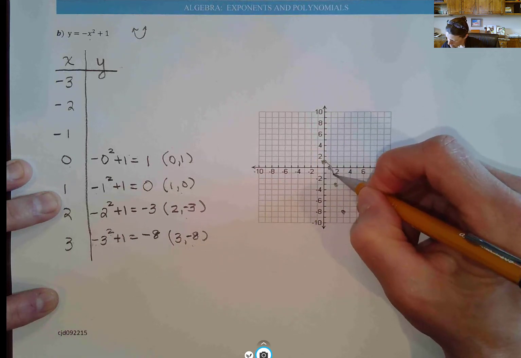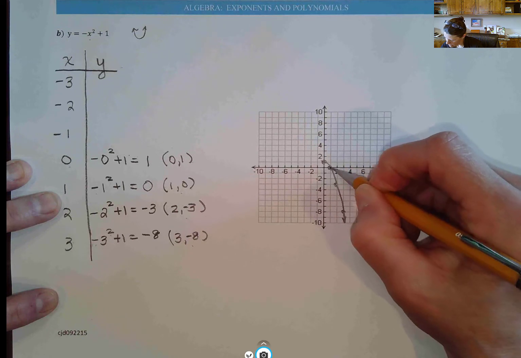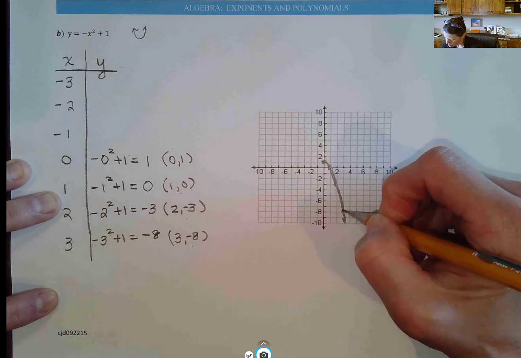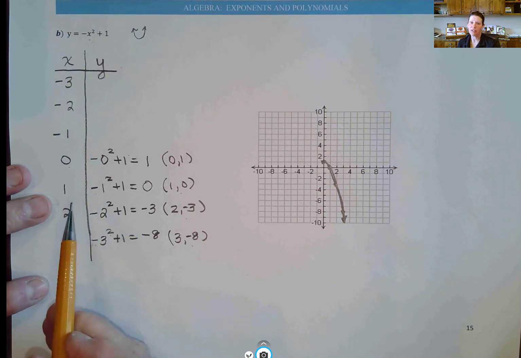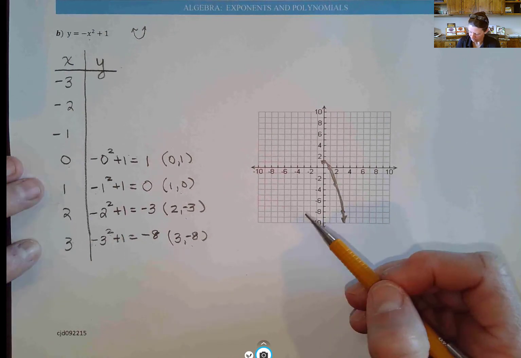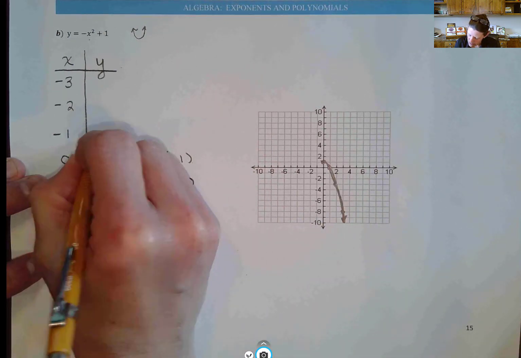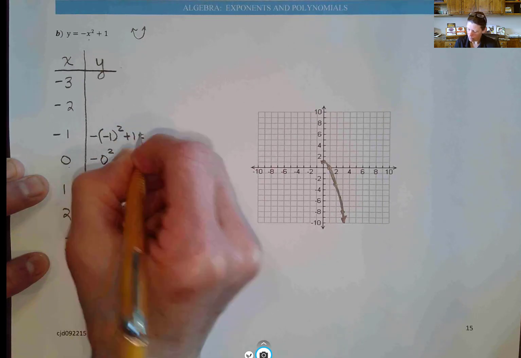And so we see that this parabola is opening downward, isn't it? Connect them with a smooth curve. Okay. Now let's complete the left side, and we know there's going to be some symmetry involved here. So I think I know what's going to happen over there, right? The opposite of negative 1 squared plus 1. Okay.